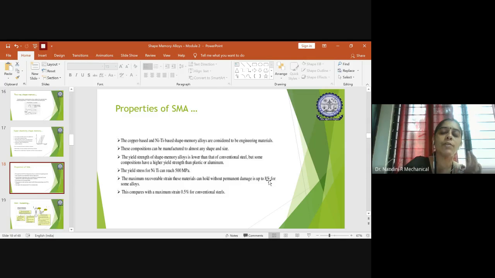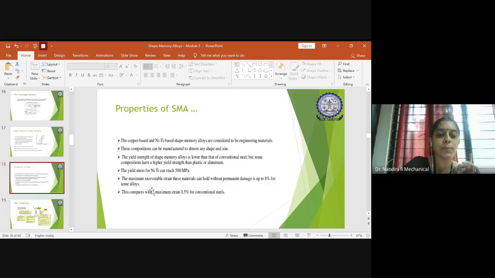This range is not common for all alloys. For some it can be 2%, for some 4%, but for the majority of alloys the non-recoverable amount is about 8%. That is to say, most shape memory alloys can regain their geometry up to 92%, because 8% is damaged due to non-recoverability of the strain.